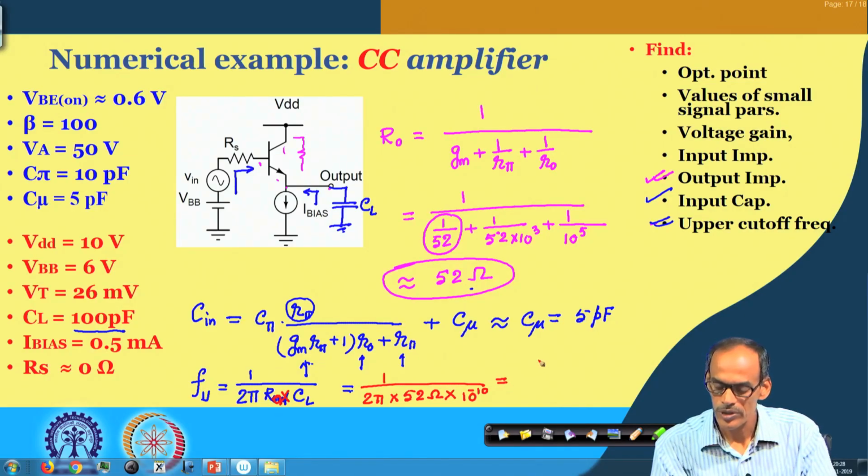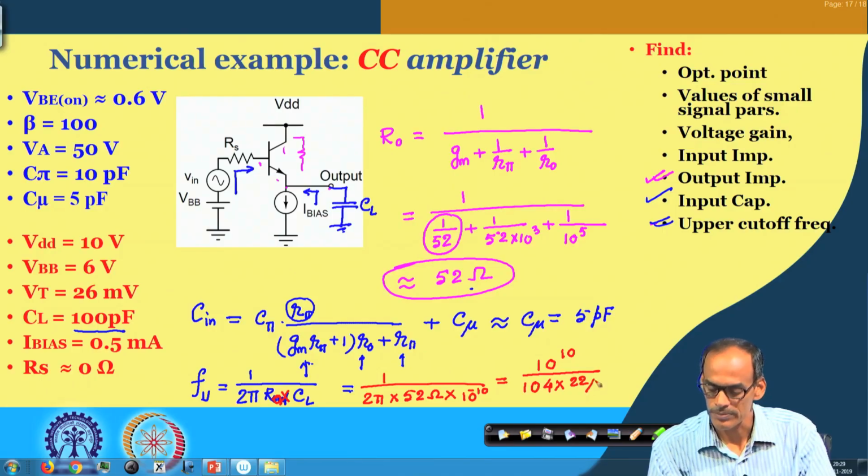So, that comes to be 10 to the power 10 divided by approximately, or to be more precise, 104 into pi. So, that is 22 by 7.